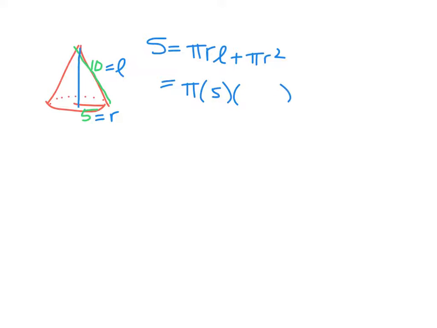Different than height. Okay, so that'd be capital H. It goes from the tip top to the very bottom middle, whereas the slant height is going to go from the top to an edge. Okay, so there's another slant height right there in blue. So this is going to end up being 10. And then we again have our radius. So this is actually a pretty easy one to figure out.